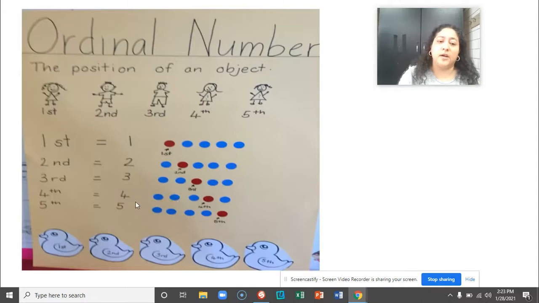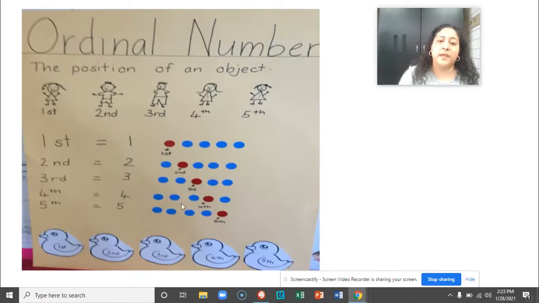All right. Our next line, we're looking at the dot that's in number 4. So we count 1, 2, 3, 4. So here we have the red dot. He is in number 4. But we can also say he is fourth in line. Okay, so we're going to say he's first, he's second, he's third, and he's fourth in line.